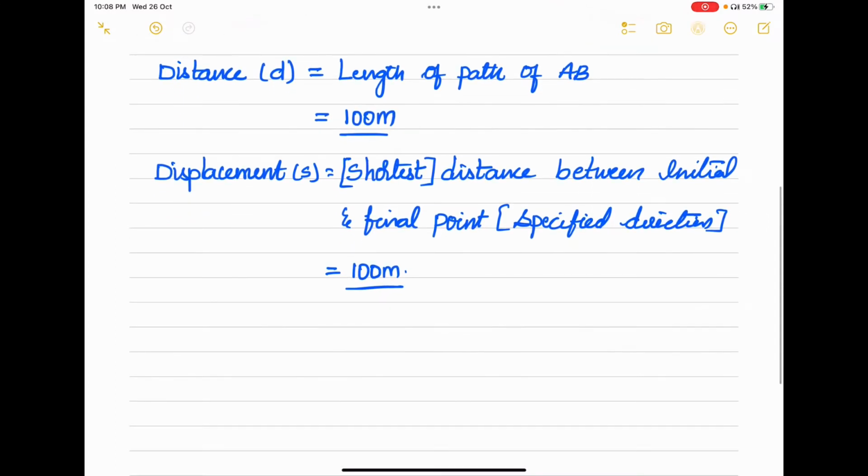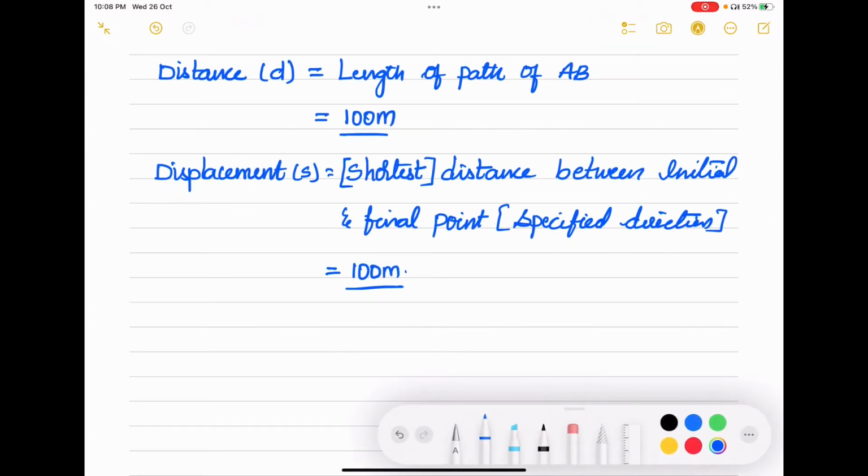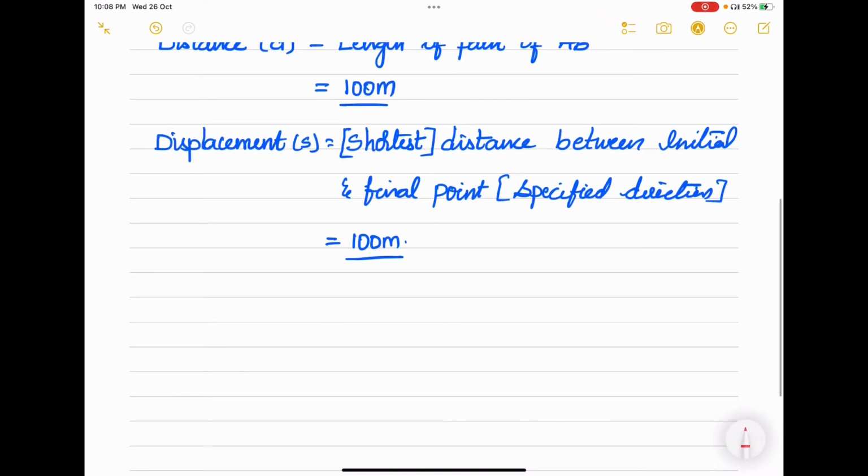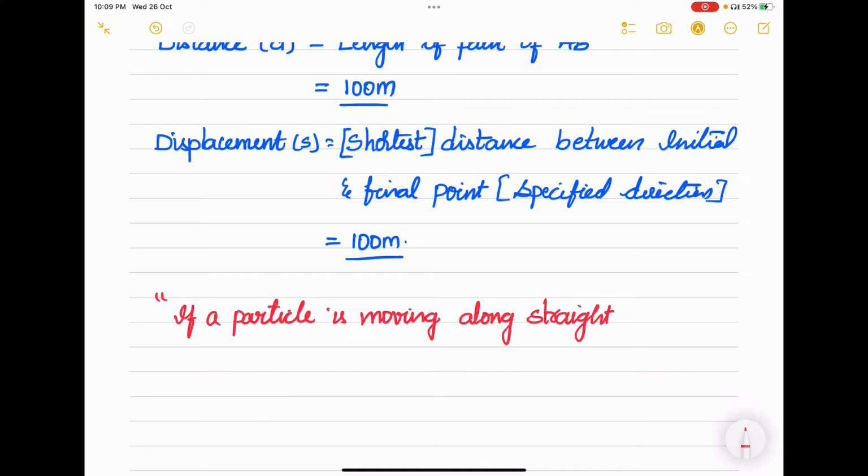So from this, what I could conclude about distance and displacement is, if a particle is moving along a straight line, then distance will be equal to displacement.